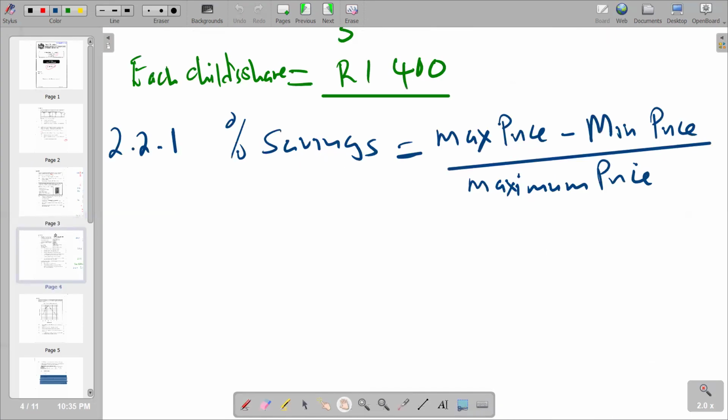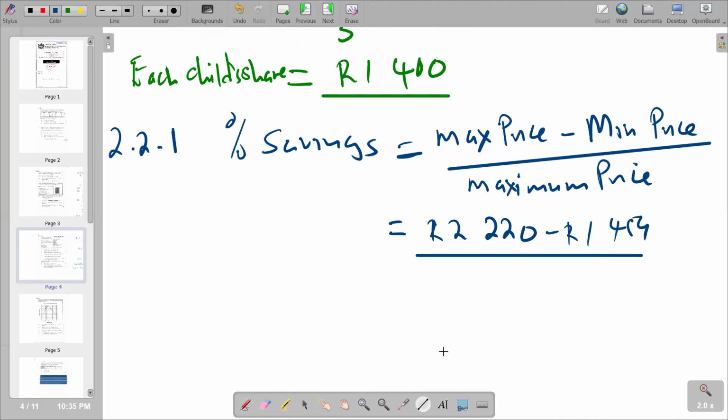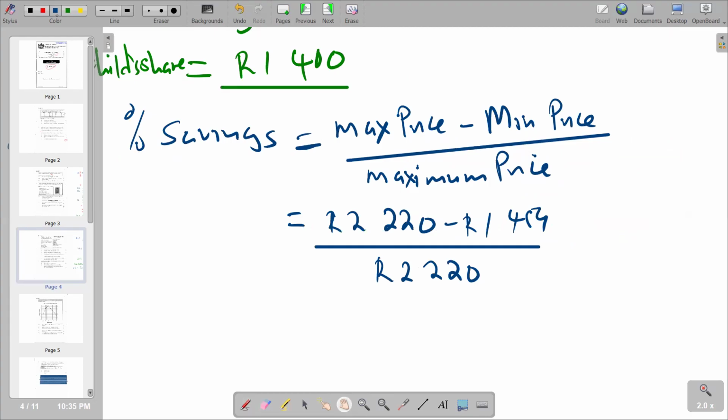So basically, that's how we are going to present it, whereby we are going to say it is equal to rands, then we subtract, and then obviously you divide by 2,220, and then we are supposed to multiply.